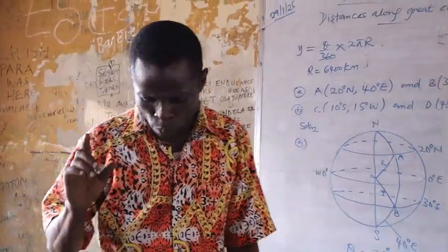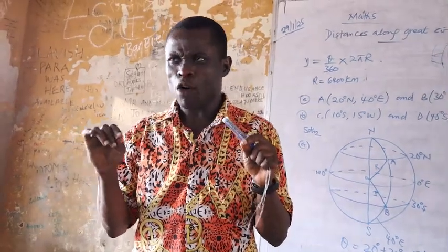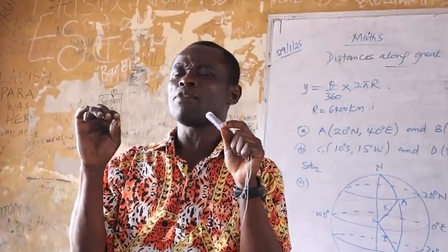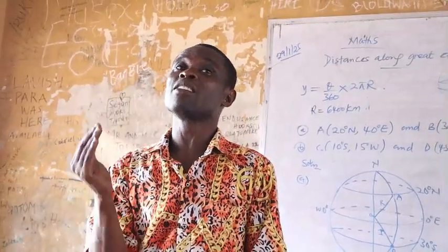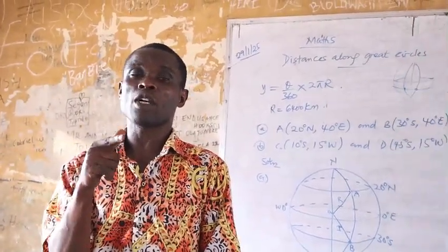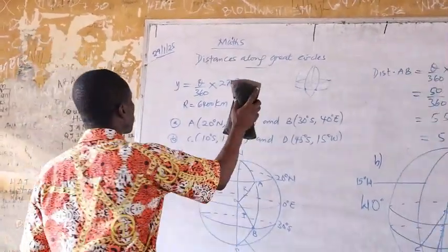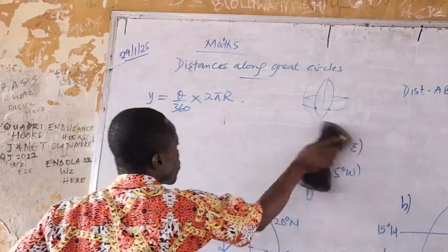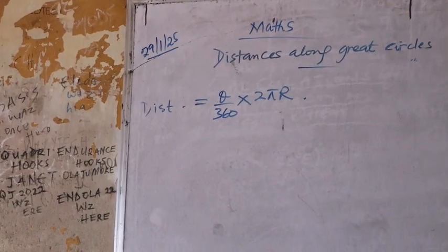We have two places 264 kilometers apart on the same line of longitude. Now that you have the 2 points on the same line of longitude, and that longitude is a great circle, that determines the formula you are going to use. So it's going to be theta over 360 times 2 pi r.